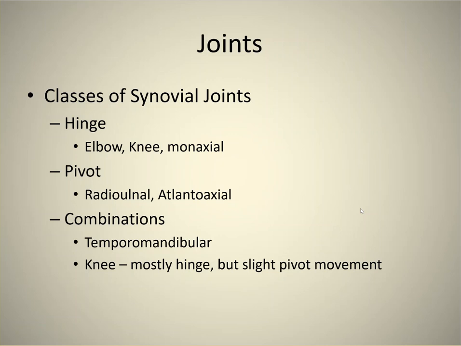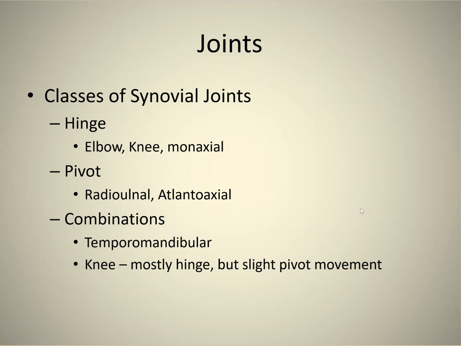Radial ulnar allows you to rotate your hand from palm up to palm down. And the axial joint, which is between your skull and the first vertebra, allows you to rotate your head. That's called axial. It's a pivot.